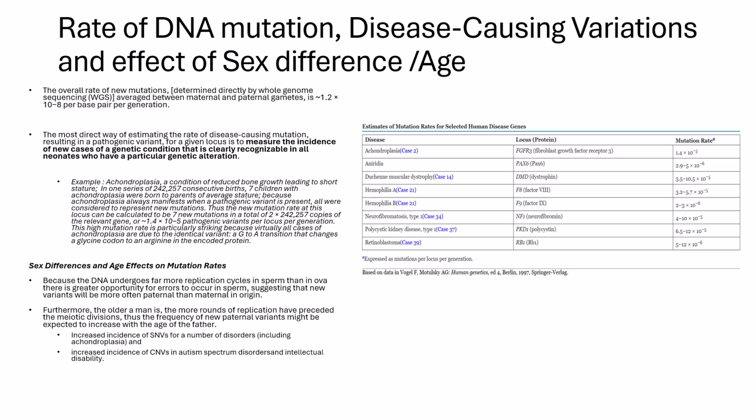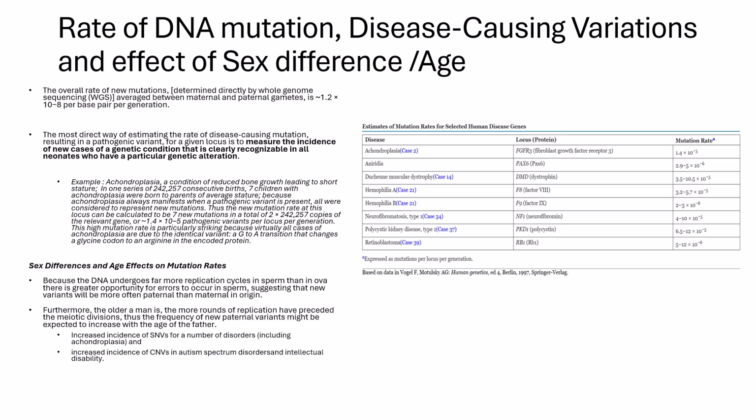What I need to highlight here is that there is an effect of the sex and the age on mutation rates. Because the DNA goes through far more replication cycles in sperm compared to the ova, there is a suggestion that new variants will be more often paternal in origin, coming from the father rather than the mother.